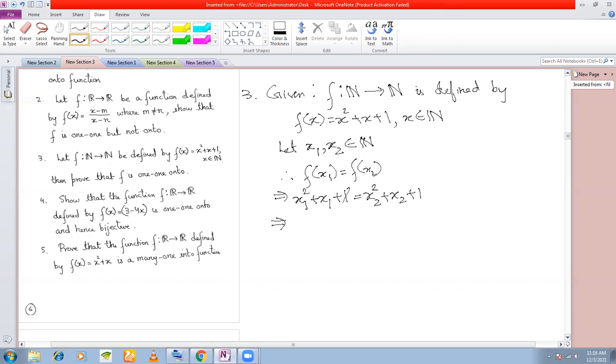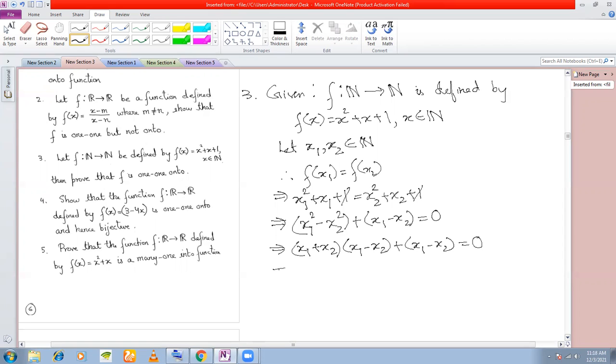Okay, so we cancel this here and we take everything on the left hand side. So x1 square minus x2 square plus x1 minus x2 is equal to 0. We have (x1 plus x2) into (x1 minus x2) plus (x1 minus x2) is equal to 0.